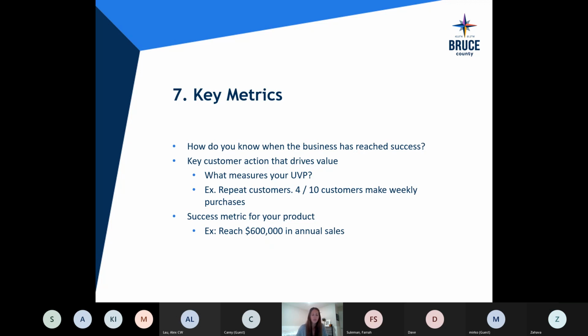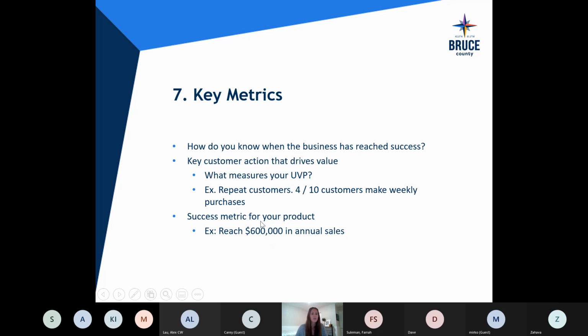The other metric is the success metric for your product. So how will you define success for the product? What do you need to achieve to make it all worthwhile? So the one is focused on the customers, right? What do they need to do to make success as your key metric?